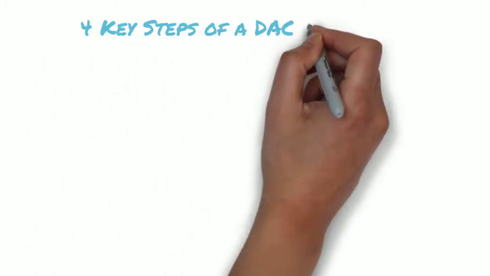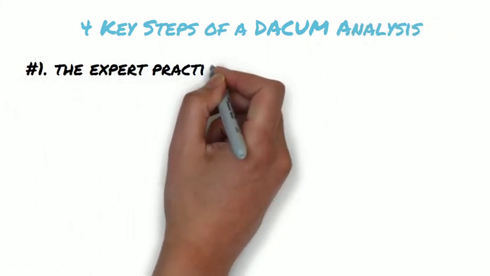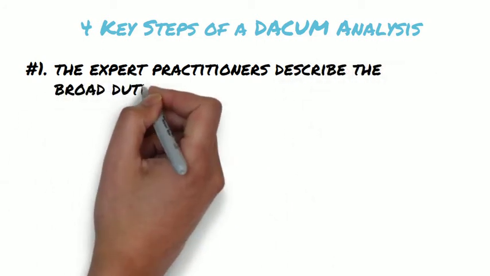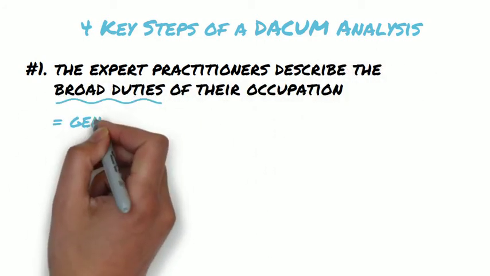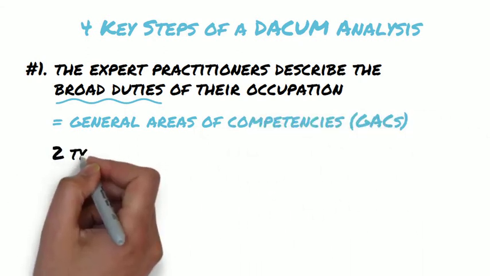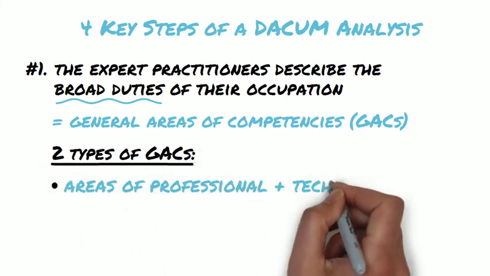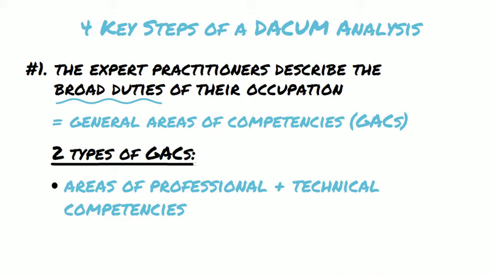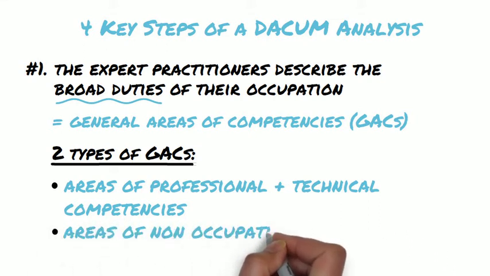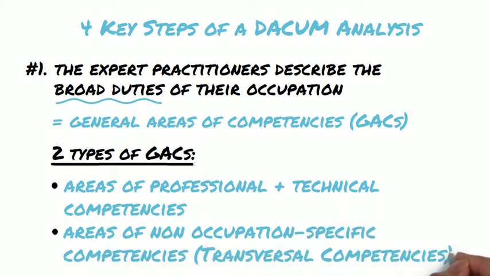Now let's glance over the 4 key steps to produce a DACUM analysis. In the first key step, the expert practitioners describe the broad duties of their occupation. These are what we call general areas of competencies, or GACs in DACUM speak. There are 2 types of GACs: areas of professional and technical competencies, which reflect the major duties or responsibilities of the occupation, and areas of non-occupation specific competencies, which we also call transversal competencies.